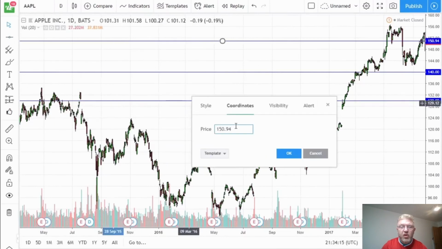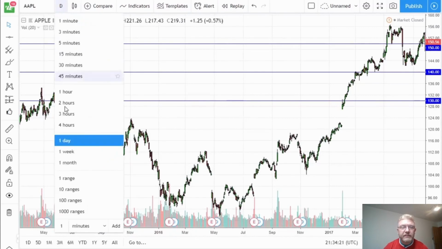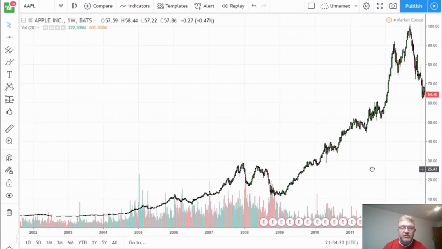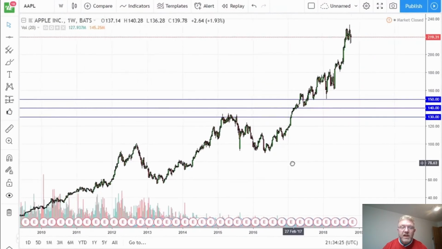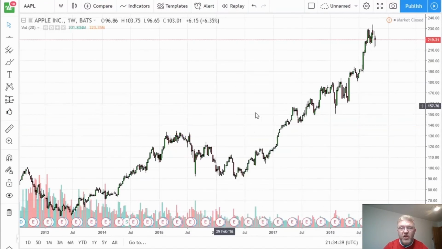Those are all round numbers, and these round numbers attract a lot of attention. They're the psychological levels. Okay, so I'll zoom out to the weekly here. You can see that 130 has had a lot of resistance. 140 has had some support, because we've bounced from there. 50 was resistance, and it turned into support a couple of different times. You can see how this goes back and forth.